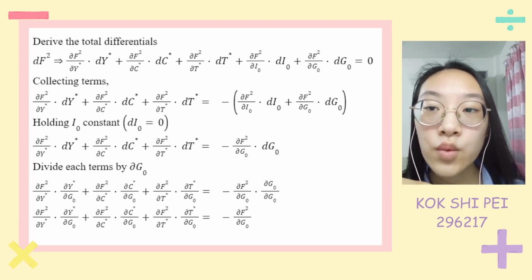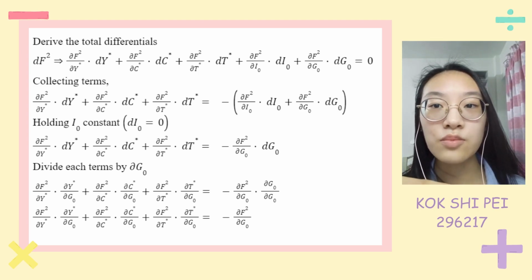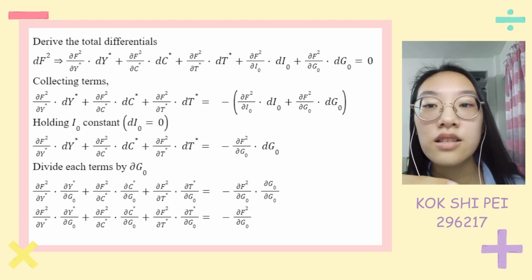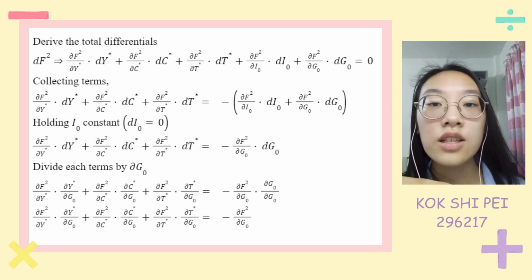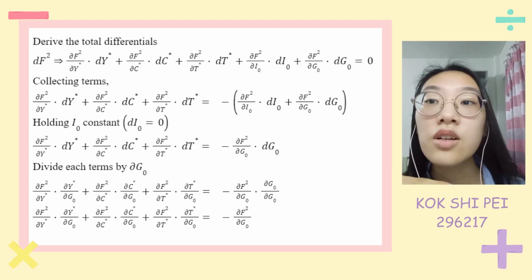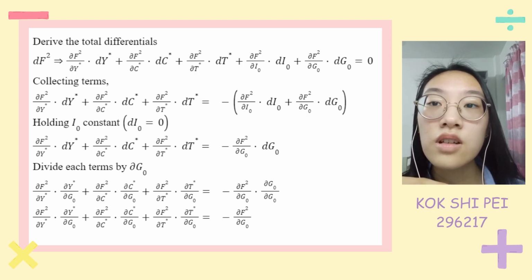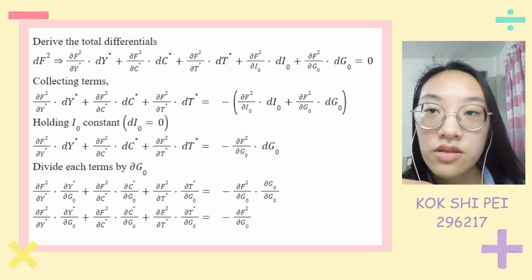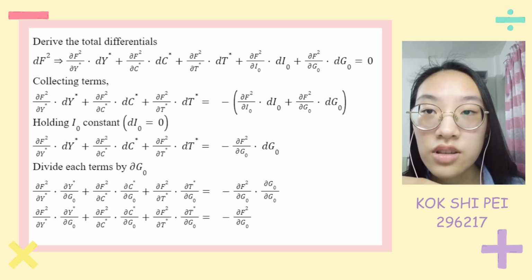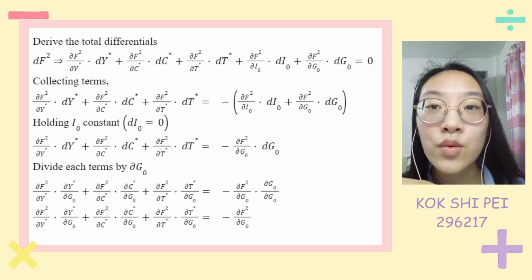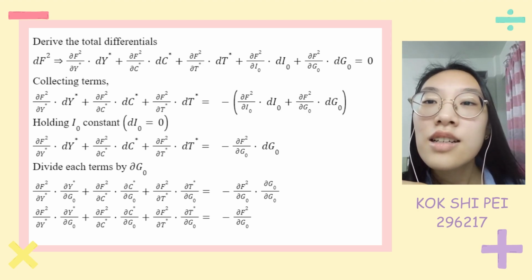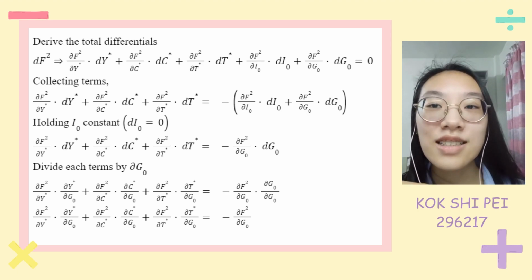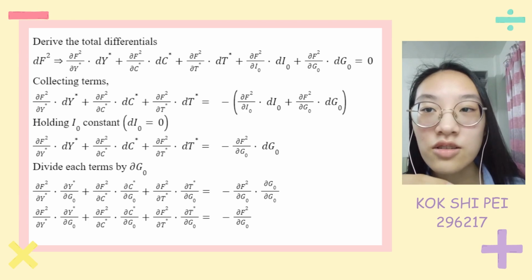And ∂f²/∂g0 represents the derivative of the consumption function with respect to g0, so we can rewrite the equation as ∂c/∂g0 times ∂c/∂g0 plus ∂f²/∂c times ∂c/∂g0 equals 0.